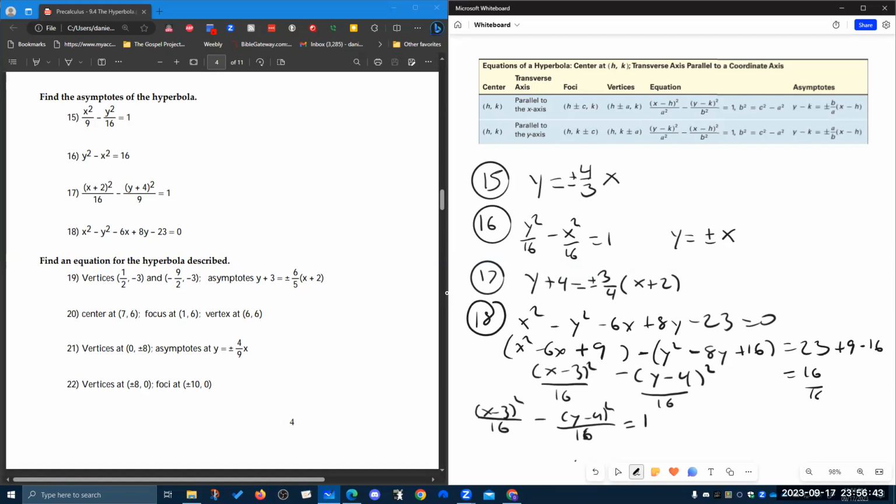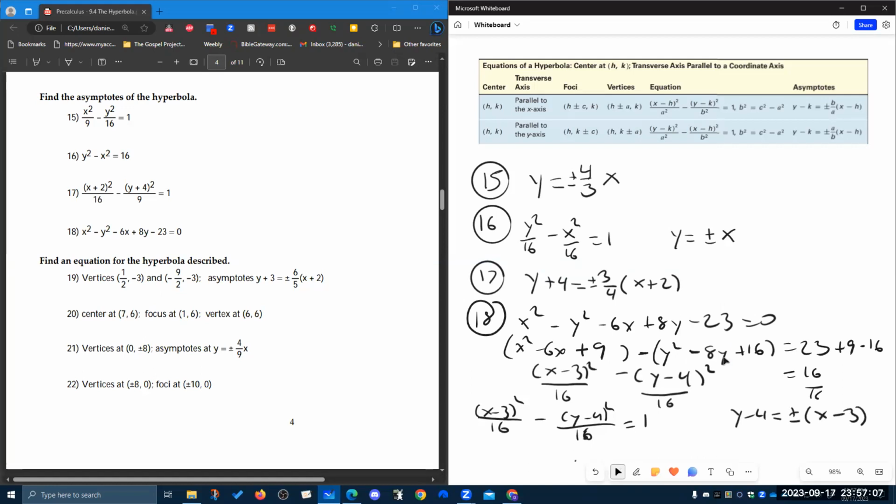So this is going to be a transverse axis that's parallel to the x-axis. And we get y minus 4 is equal to plus or minus 1 times x minus 3.